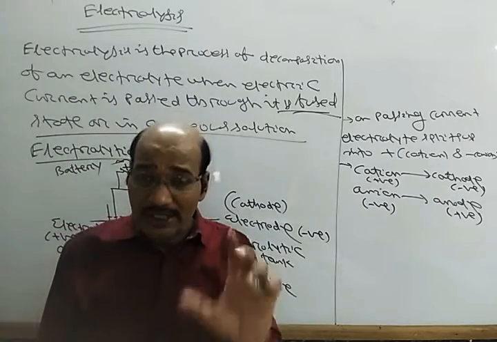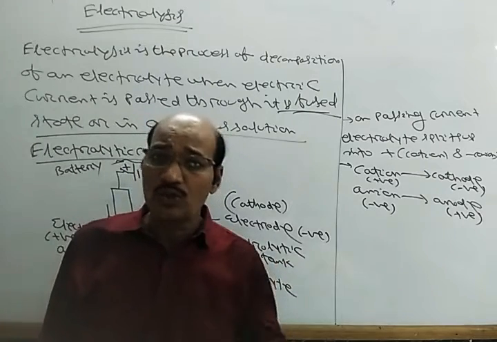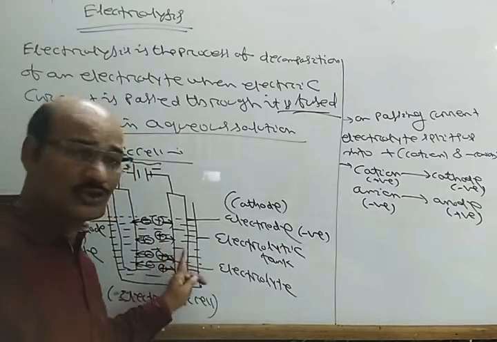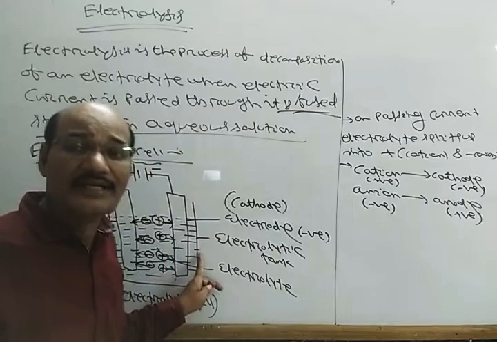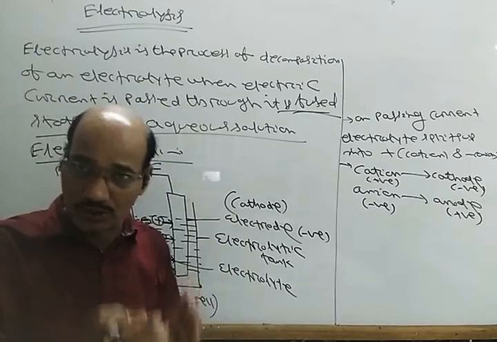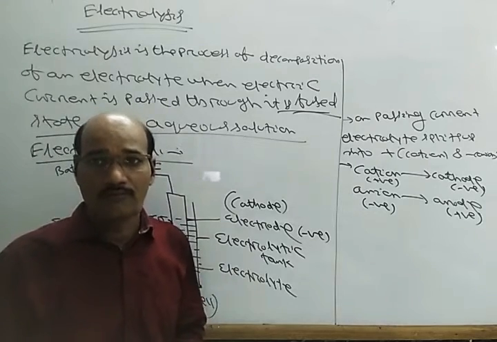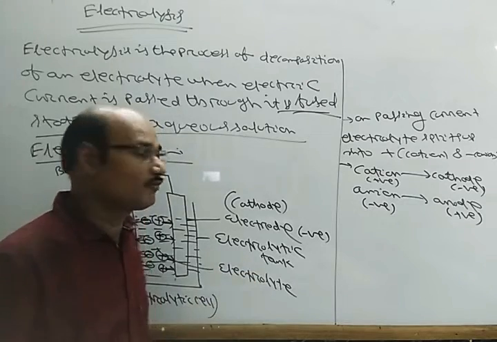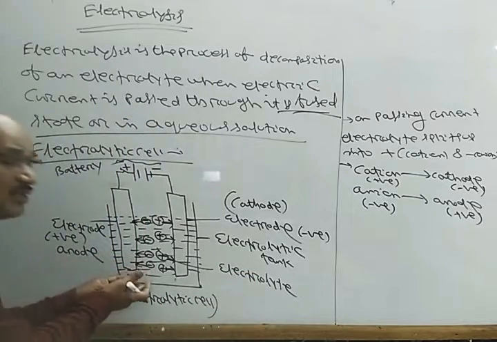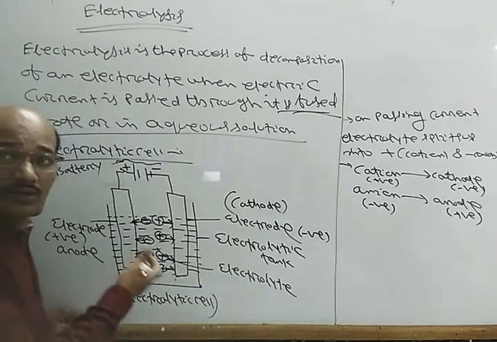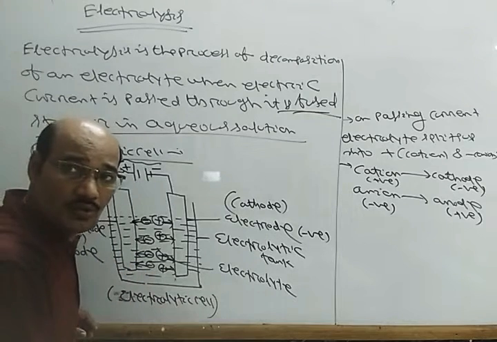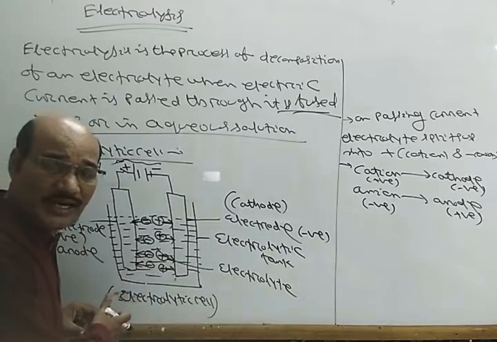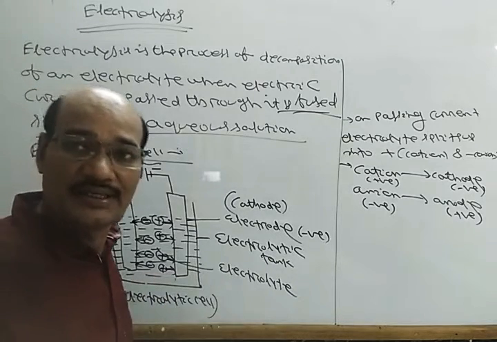After that they may undergo secondary changes. When the cation receives electrons it undergoes reduction and may deposit there, and when the anion loses electrons at the anode it undergoes oxidation. It may remain as such in the neutral state, or undergo some secondary changes.